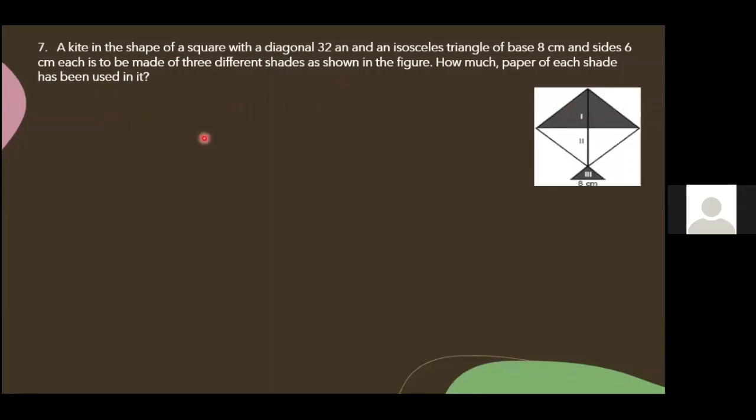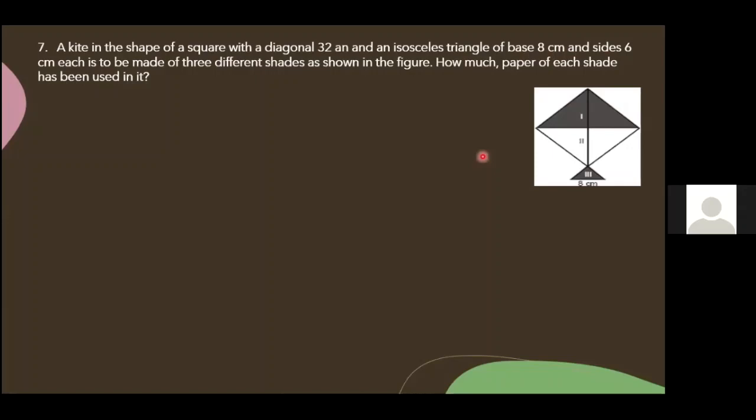So just read the question, children. You are able to see the screen, no? Yes, ma'am. A kite in the shape of a square with a diagonal of 32 centimeter, and an isosceles triangle of base 8 centimeter and sides 6 centimeter each, is to be made of 3 different shades as shown in the figure.